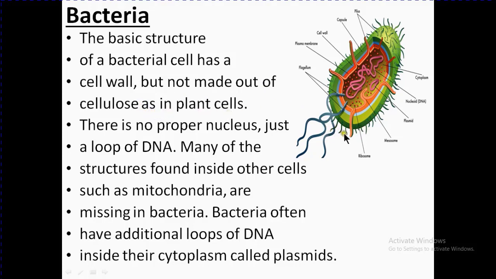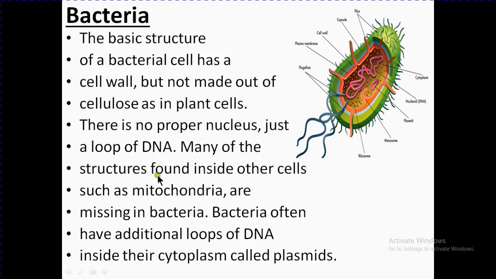You can see the cell wall is present, but it is not the same as in plants, because in plants the material is different. There is no proper nucleus, just a loop of DNA. You can easily see the loop of DNA here. That's not like a nucleus present in animal or plant cells.